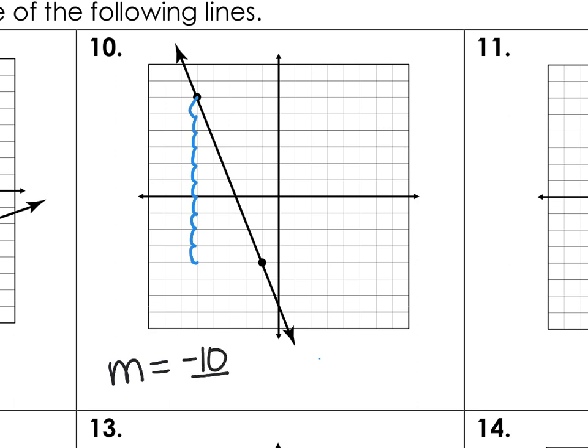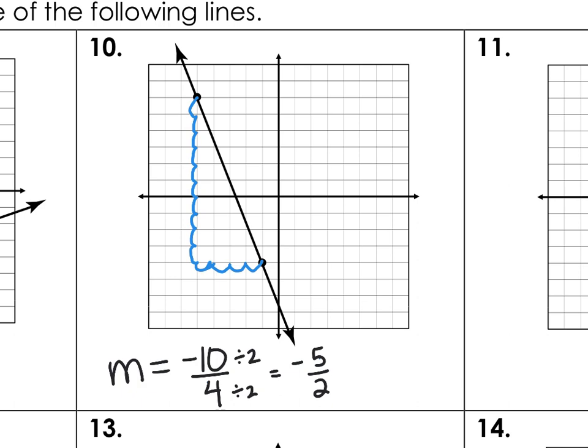Then I'm going to go to the right. 1, 2, 3, 4. So I will have 4. -10/4. I'm going to divide both of those by 2 because they're both even, and I end up with -5/2. That's my slope. That makes sense because my line is going down from left to right, so it should be a negative slope.